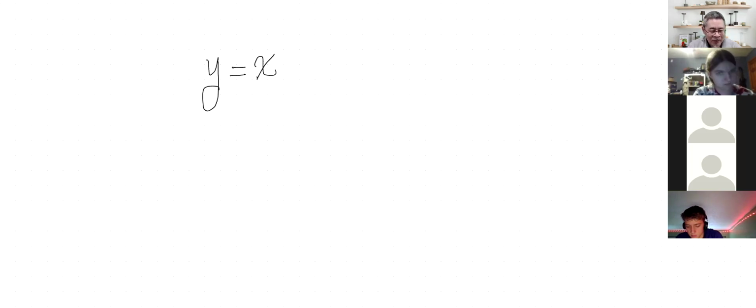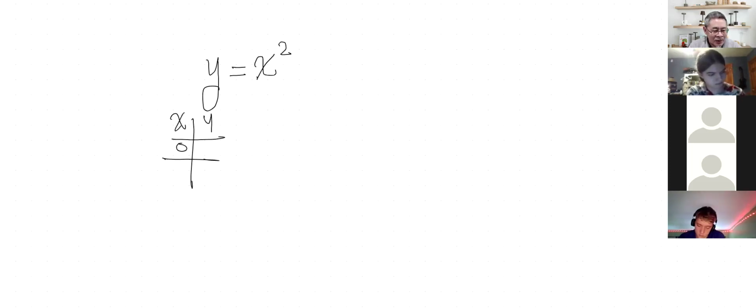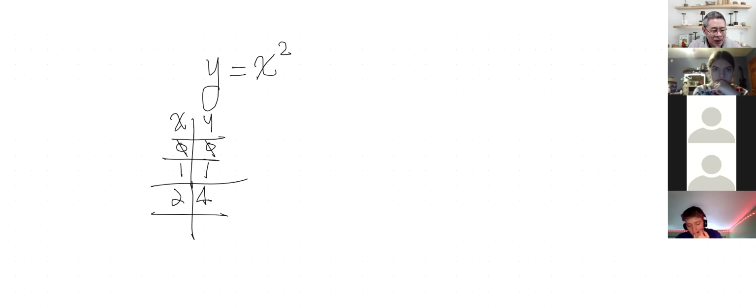Now if you want to graph it, we know we can use a table to help us. X is 0, Y is 0. X is 1, Y is 1. Then X is 2, we get 4, because 2 squared. And we can also do the negative side. -1, we get 1. -2, we get 4.